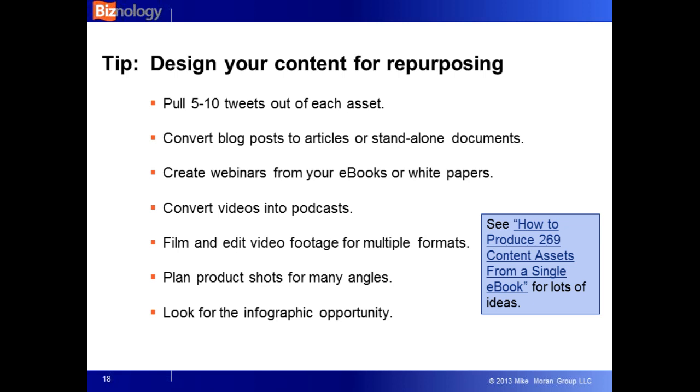So here's a list of a handful of ideas for how an existing or individual piece of content, known as a content asset, can be repurposed for other uses. And if you plan in advance for repurposing, you can save a lot of time and money later on.